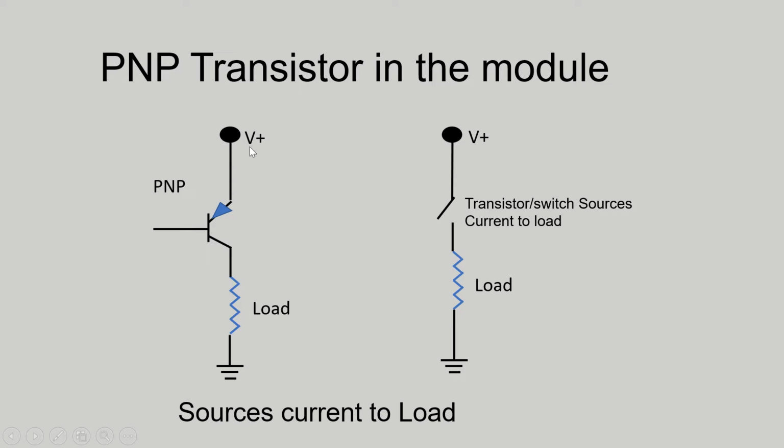Now see the diagram. Current will flow from supply to load when the PNP transistor is switched on, and this current is called the sourcing current to load. Now we will see some examples.